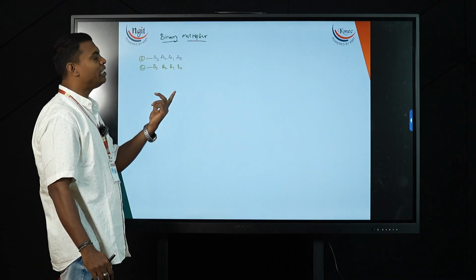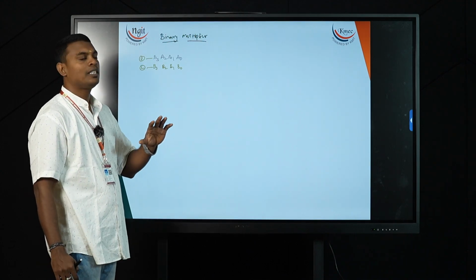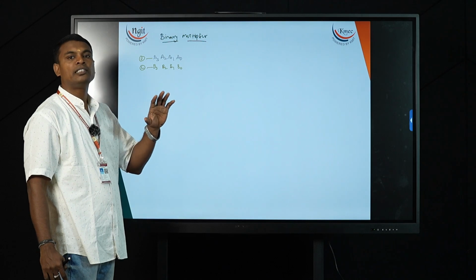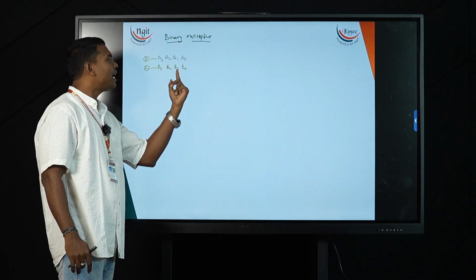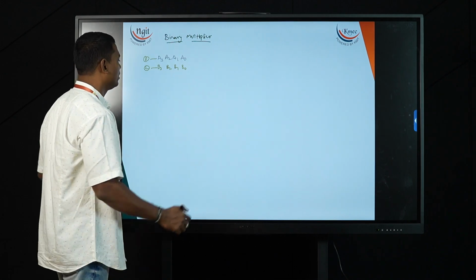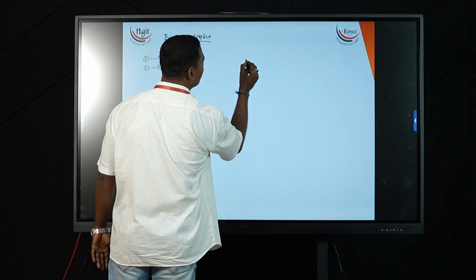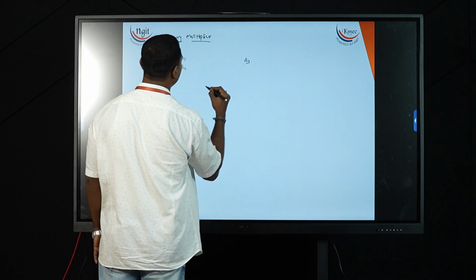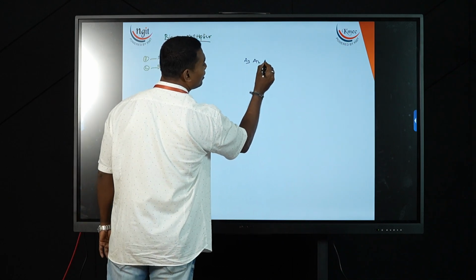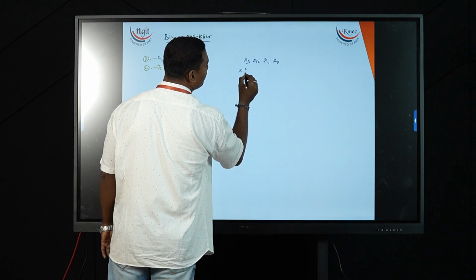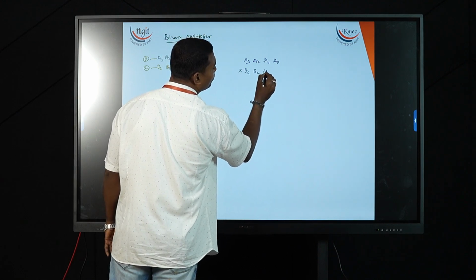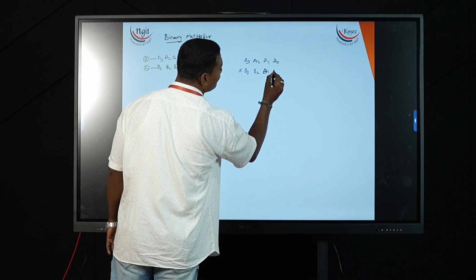Normally in the binary multiplier design we are going to use the same concept as decimal multiplication. That means I am going to multiply the A number with the B number in the normal way. You can see clearly A3, A2, A1, A0 is multiplied with B3, B2, B1, B0.